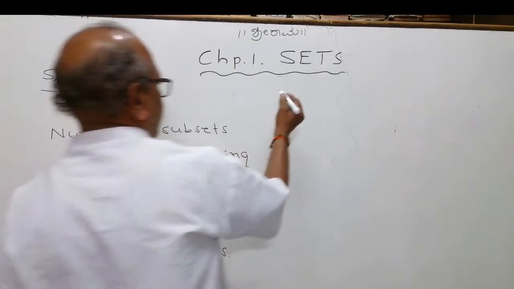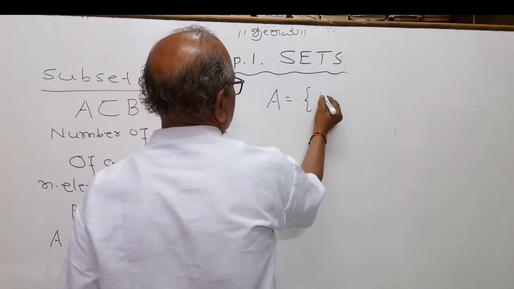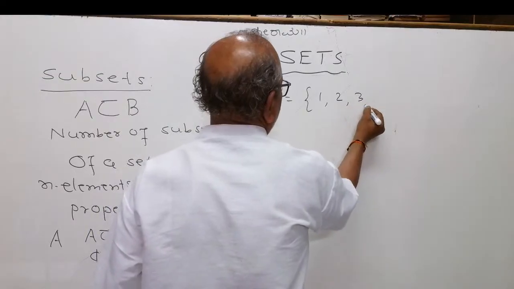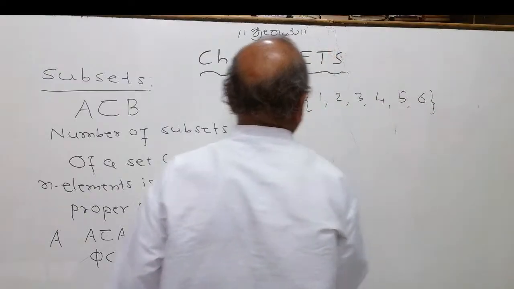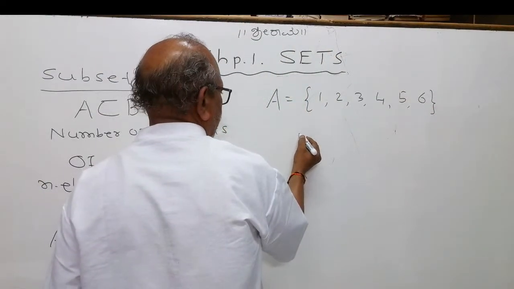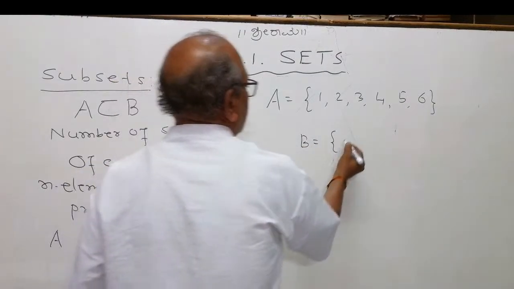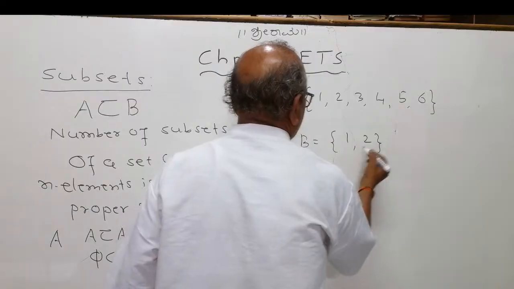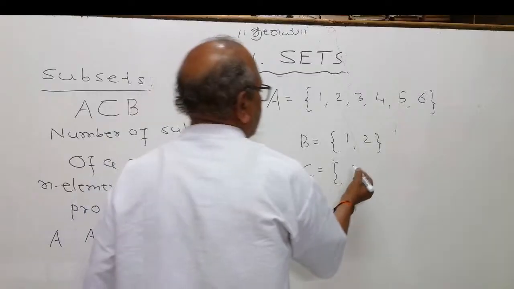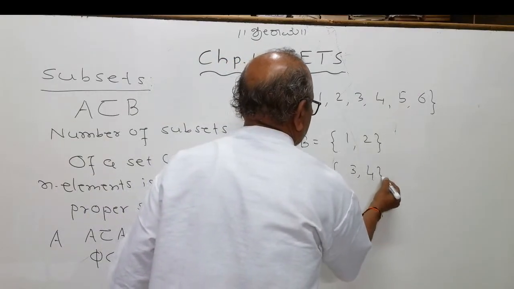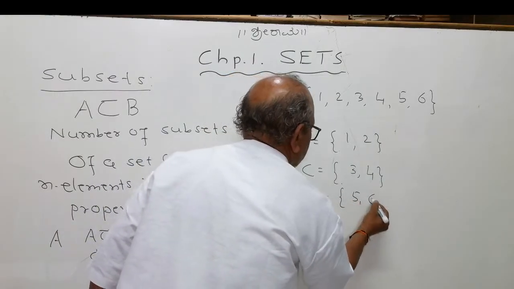Now I will take a set A here, 1, 2, 3, 4, 5, 6. Now I will write some sets here. Say B containing 1, 2, another set C containing 3, 4, and D as 5, 6.